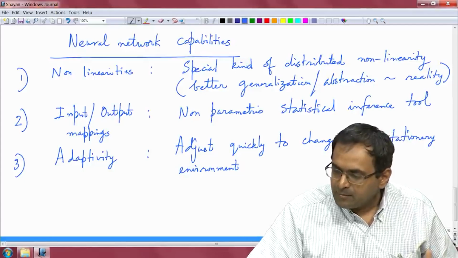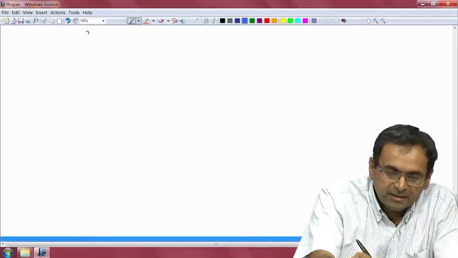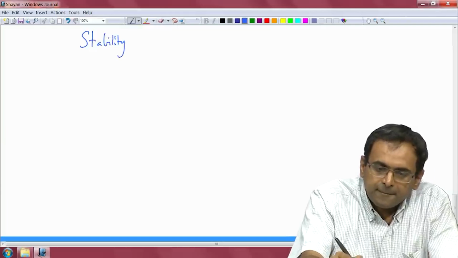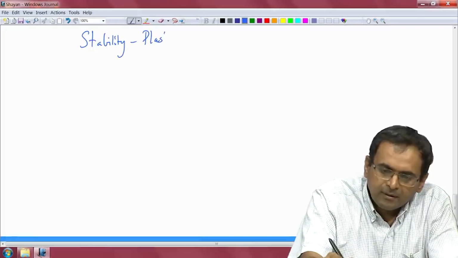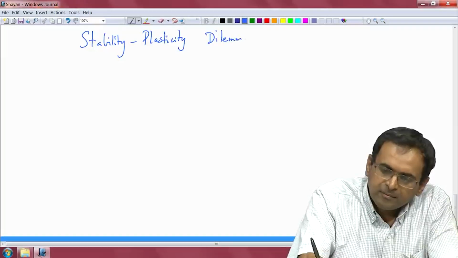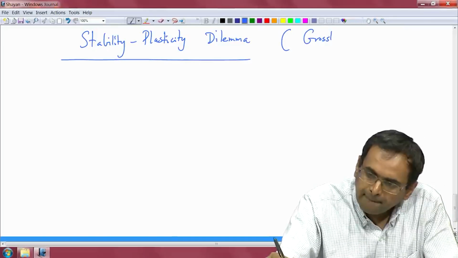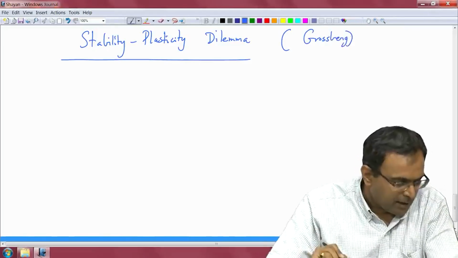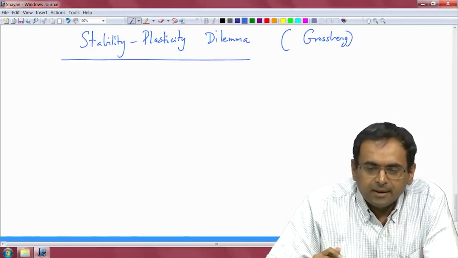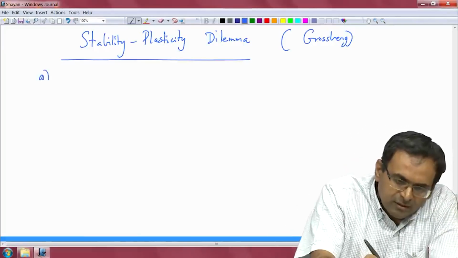Okay. So, now let us discuss a little bit about the stability plasticity dilemma. This was proposed by Grossberg. So, the gist of what this stability plasticity dilemma is as follows.